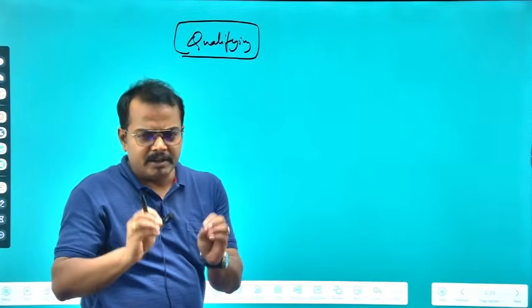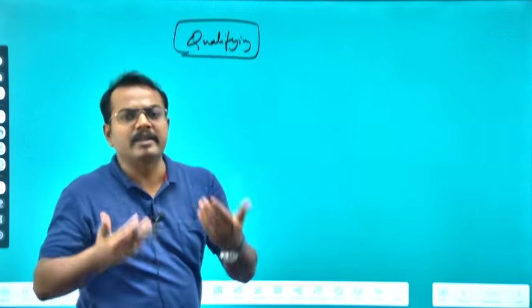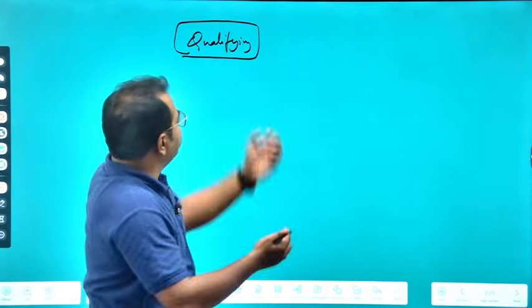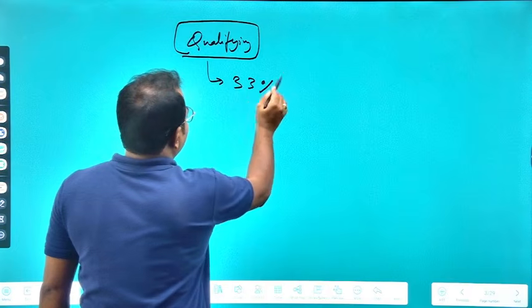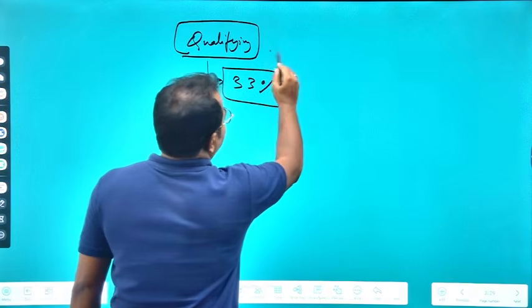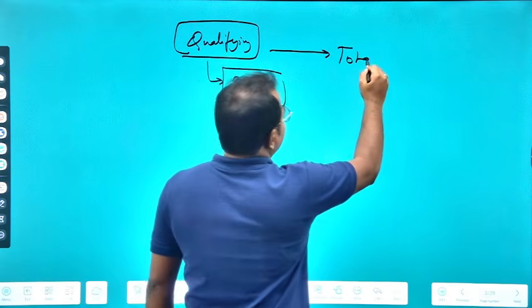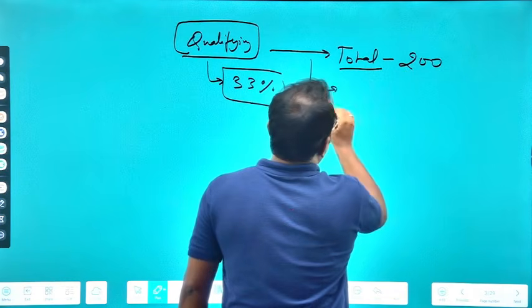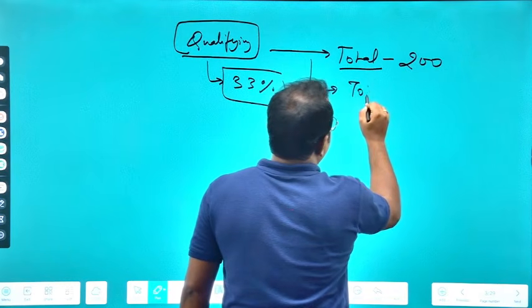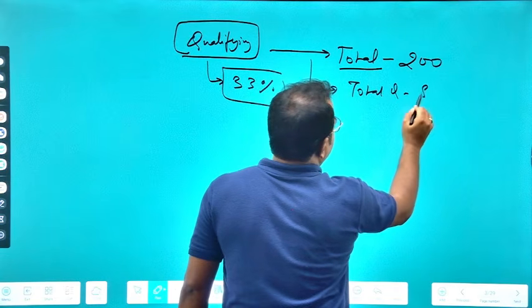There is no requirement of becoming a topper in this paper. The minimum qualifying marks are 33%. The total marks for this paper are 200, and the total number of questions will be 80.